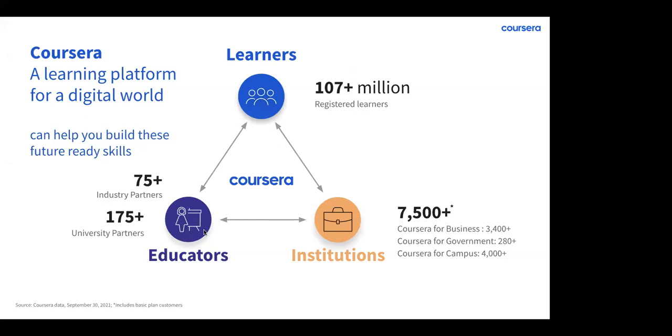And finally, the third pillar of this ecosystem is the institutions that we work with. So we work with around 7,500 plus institutions across the globe. And we kind of divide these institutions in three parts. We have more than 3,400 companies that we are working with.